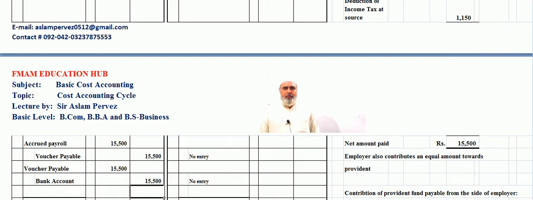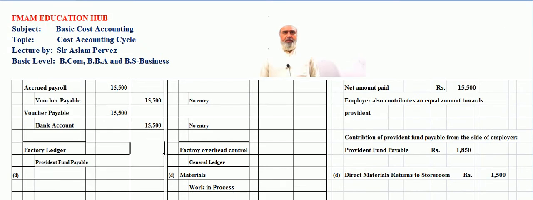Now, the contribution of provident fund payable from the side of the employer is the amount 1,850 rupees. For this purpose, in the book of head office, the factory ledger should be debited 1,850 rupees, and the provident fund payable account is credited 1,850 rupees here.